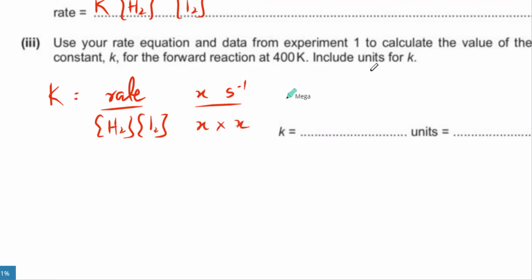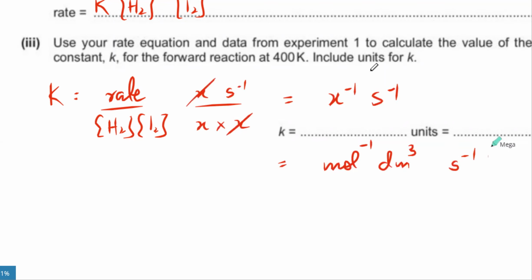So I'll first simplify this. The X will get cancelled out, and it will become X minus 1, S minus 1. So what was X? X was mole per dm cube. So the final result would be mole per dm cube to the power minus 1. So it's going to become mole minus 1, dm 3 and S minus 1.